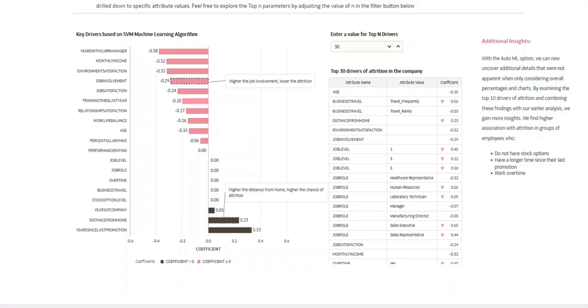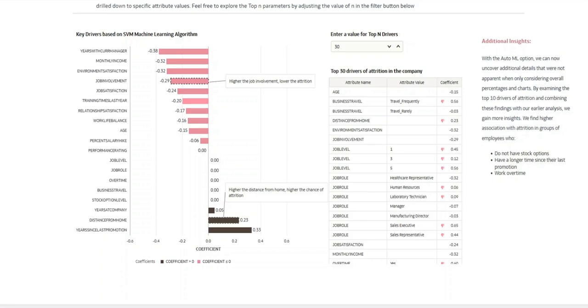Let's take job involvement. Job involvement shows negative correlation with attrition. This means that higher the job involvement, lower the attrition. And intuitively, this makes sense. Employees who are highly involved in their job show less likelihood to leave.